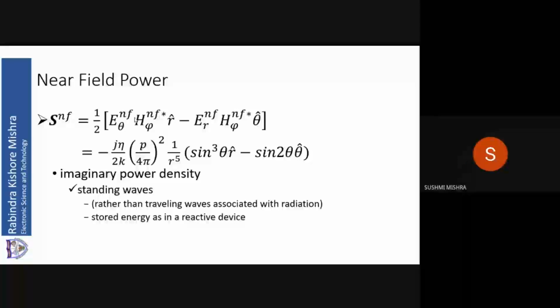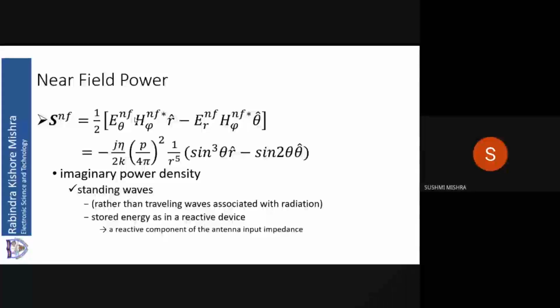So energy is stored. Now how can energy be stored? We know reactive devices store energy. Therefore, in this case also, the energy is stored as if it is working as a reactive device. Like in a reactive device, energy is stored. So the antenna impedance will have a reactive part. So the antenna input will have a reactive part associated with it.